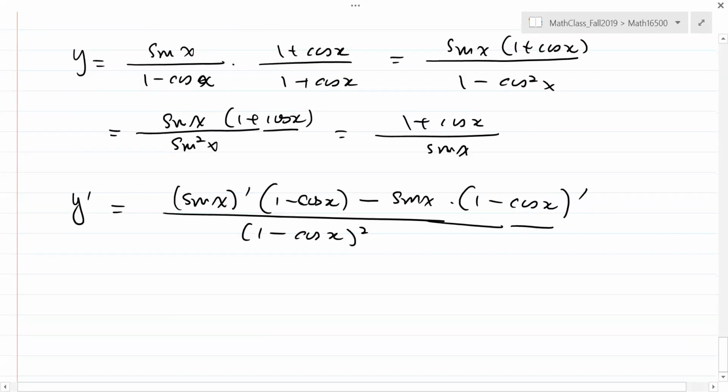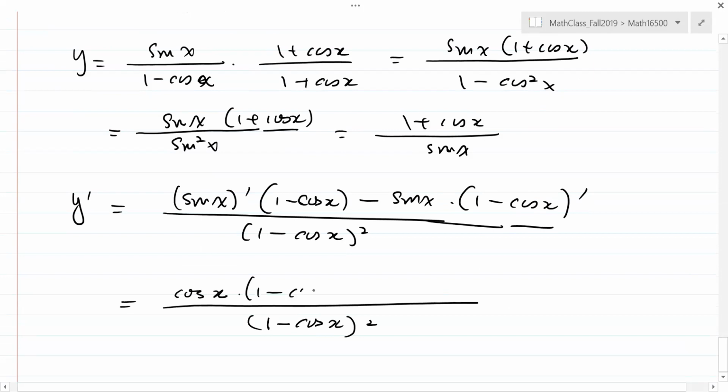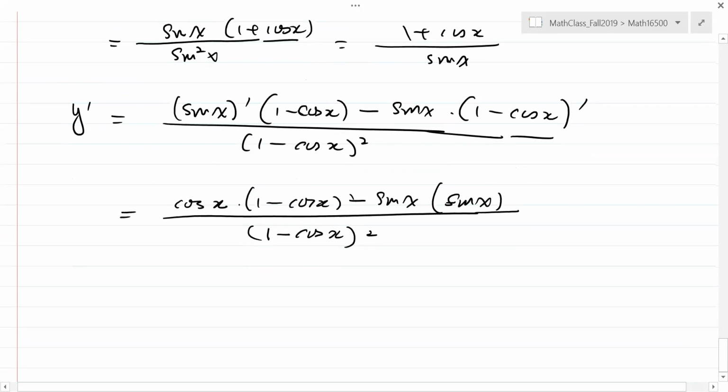All right, so let's go back to the original function. The derivative of sine x is going to be cosine x. And here, the derivative of 1 is 0, and the derivative of negative cosine x is going to be sine x. So now what?